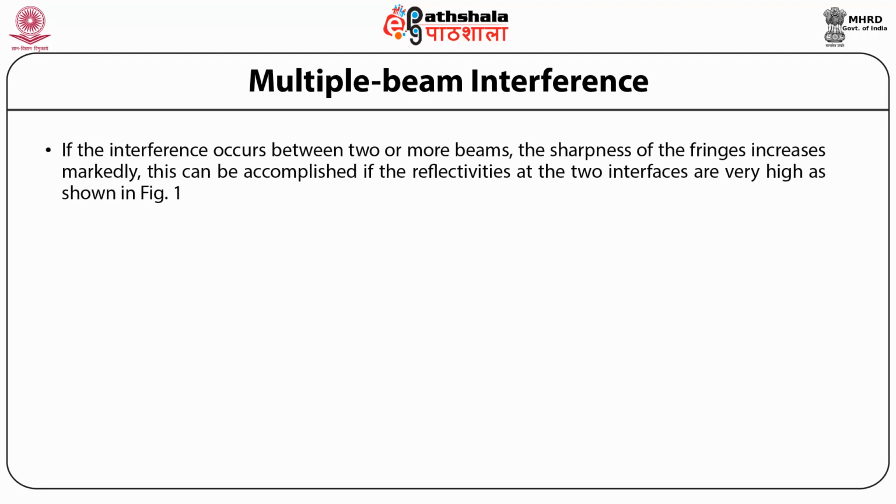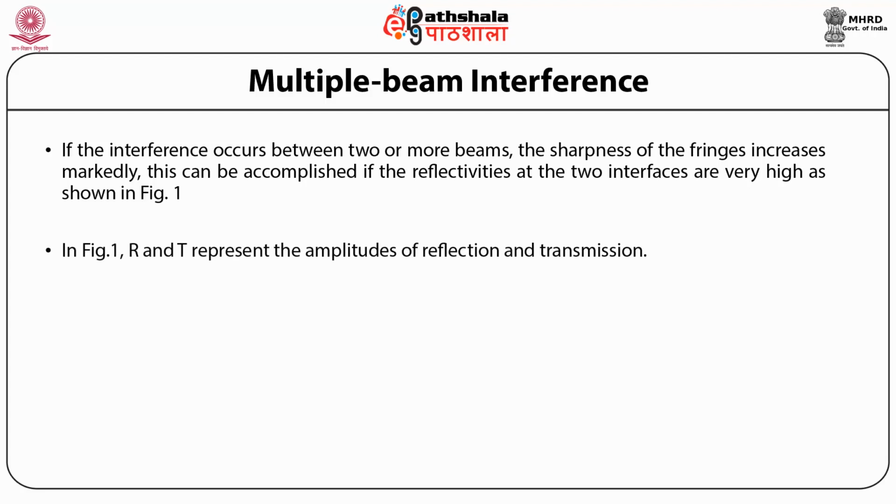If the interference occurs between two or more beams, the sharpness of the fringes increases markedly. This can be accomplished if the reflectivities at the two interfaces are very high, as shown in figure 1. In figure 1, R and T represent the amplitudes of reflection and transmission.